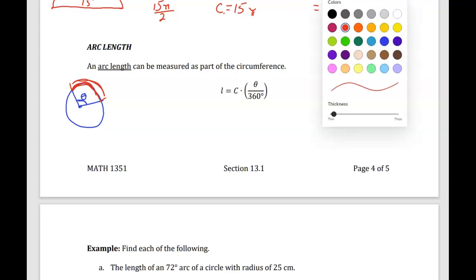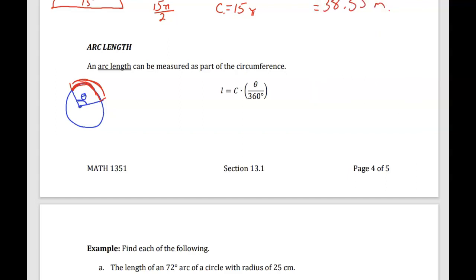And so we look at it, and arc length is usually denoted with the lowercase l. And so we have L is equal to the circumference times theta. Theta is the angle in degrees divided by 360 degrees. So it's telling us what part of this entire circle it is.